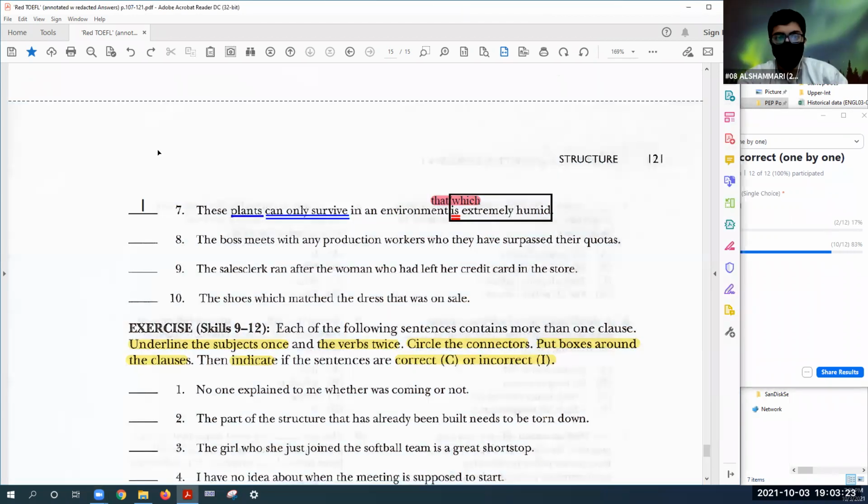Okay. The boss meets. The boss is the first subject. Okay. Meets is the first verb. All right. With is the connector and subject. Connector. With. It's a preposition.